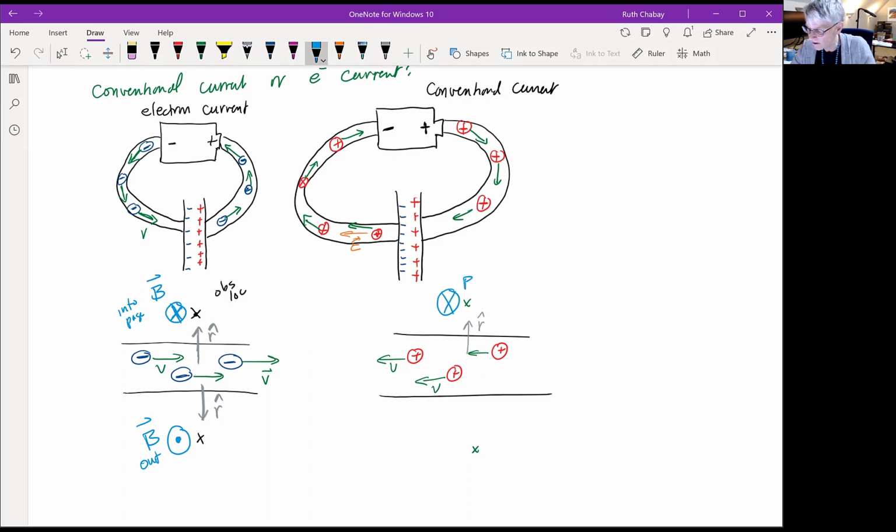So we predict B into the page. And down here at the bottom, at this observation location, v cross r hat is out of the page, q is positive, so we're good. So it turns out that we get the same prediction for electron current or conventional current.